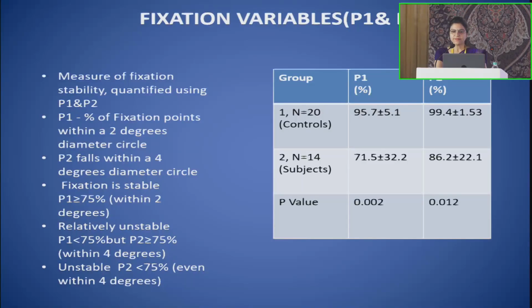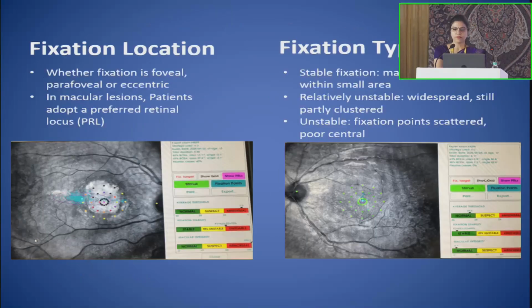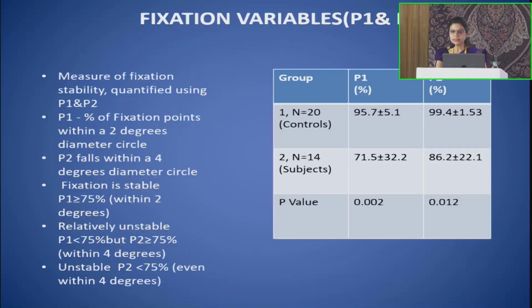So even the fixation is affected in the diseased group, where P1 is 71 and P2 is 86, compared to more than 90% in controls. Even if the disease is extramacular, it does affect the macular fixation, and this is clinically significant also.